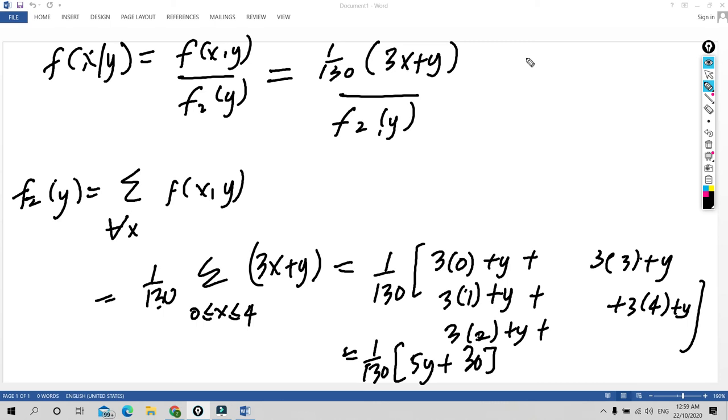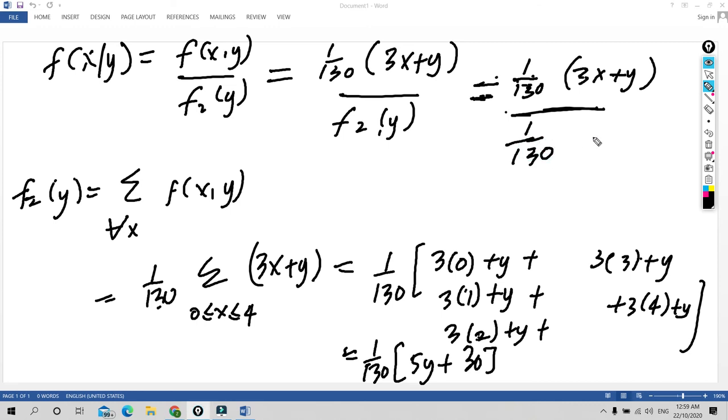So this can be written as 1 over 130 times (3x plus y), and f sub 2 of y is equal to 1 over 130 multiplied by (5y plus 30).